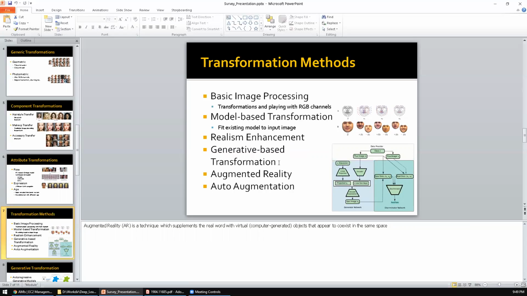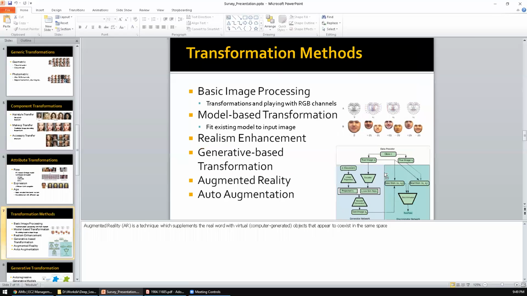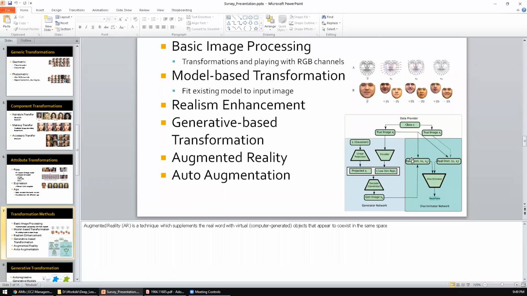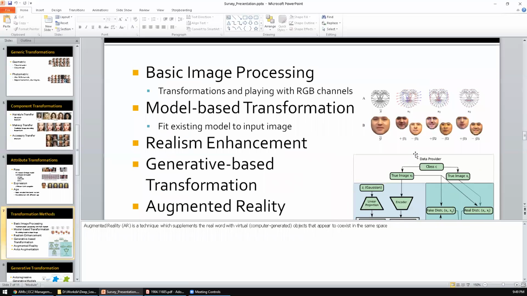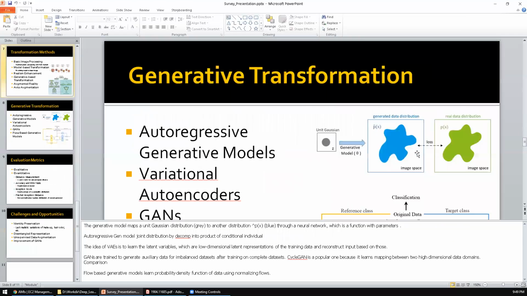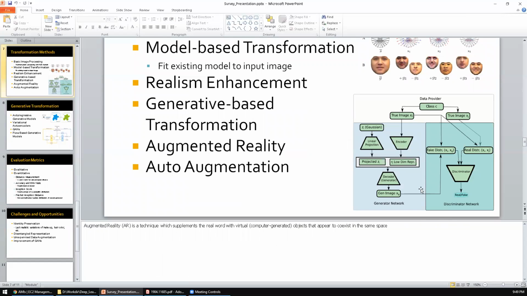I'll mostly be focusing on the generative-based transformation, just because those seem the most interesting at this point in time. Here we have a general architecture of, I believe, the data augmentation GAN, the DA GAN, and it follows the typical encoder, decoder and discriminator architecture. You provide a true image to the encoder.